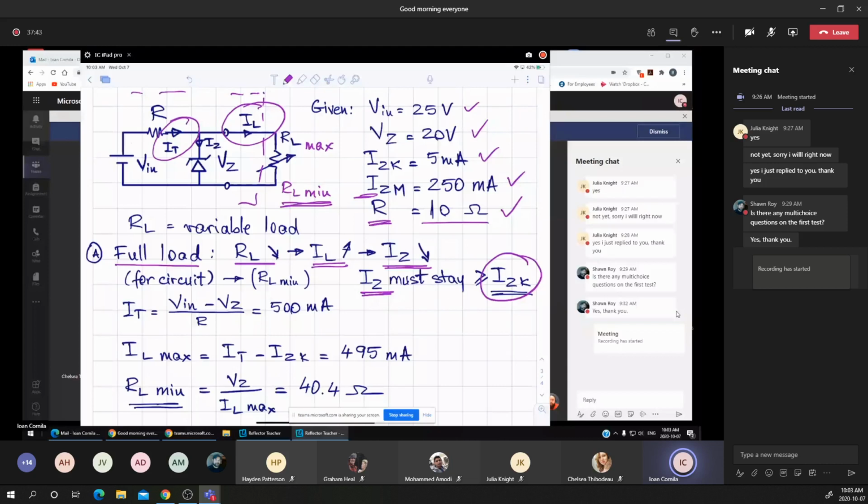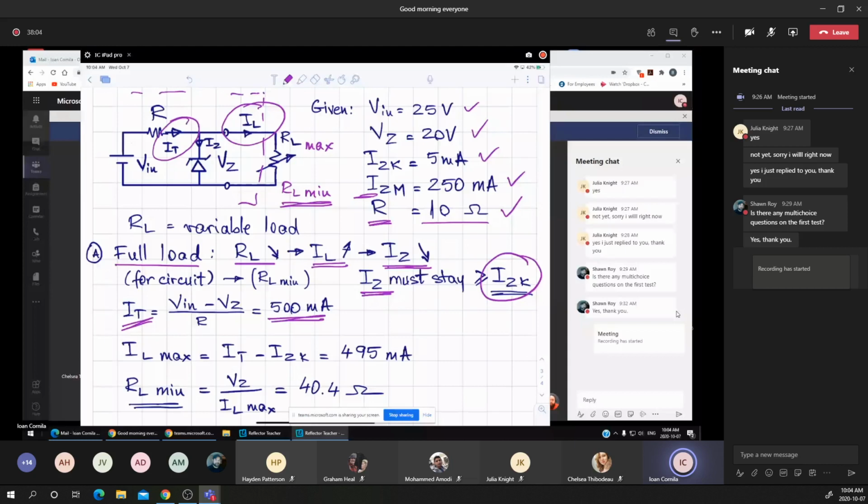Now, looking back at the main equation, the KVL, I'm rearranging the same equation in order to find the total current, V in minus VZ over the resistance R, which makes 500 milliamps. That's the total current supplied by the voltage source to the circuit.